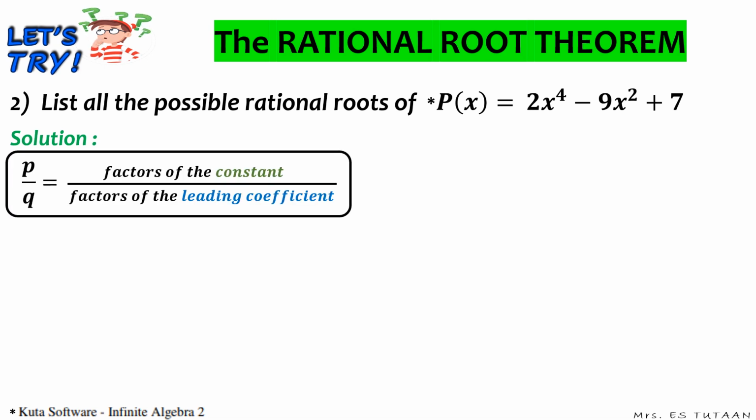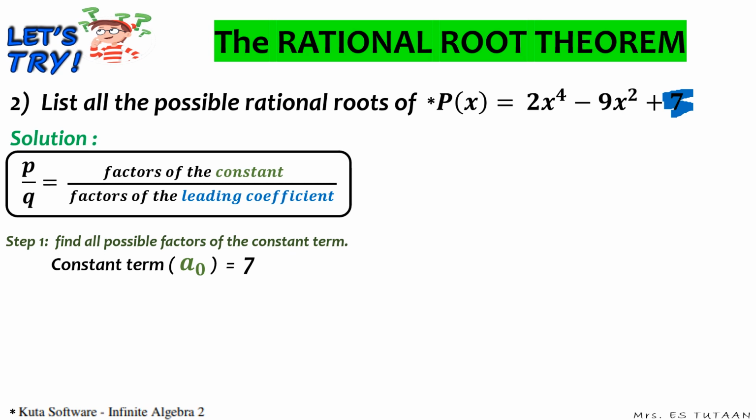So, we have p over q is equal to the factors of the constant all over the factors of the leading coefficient. So, ang ating step 1, find all the possible factors of the constant term. So, ang ating constant term dito ay nasa dulo. So, we have positive 7.